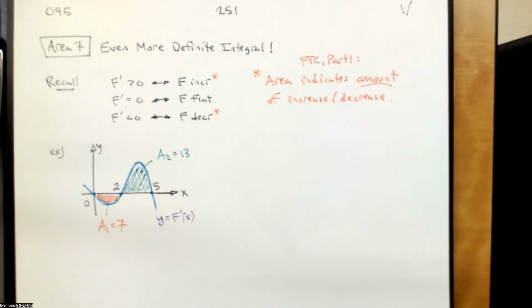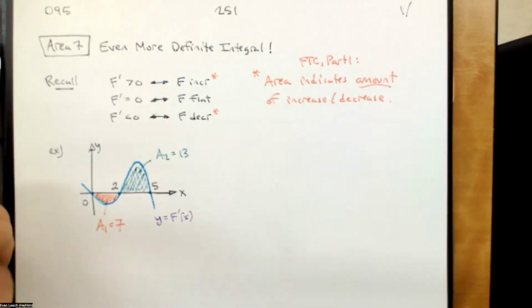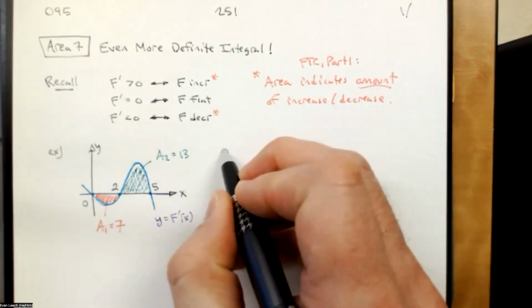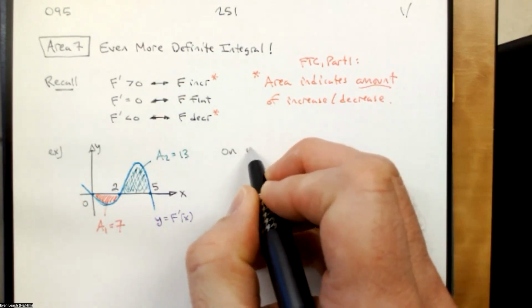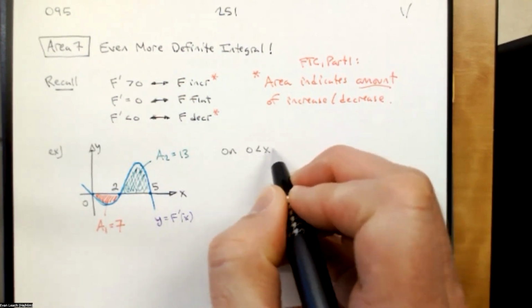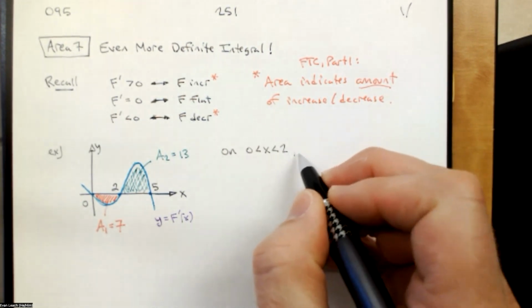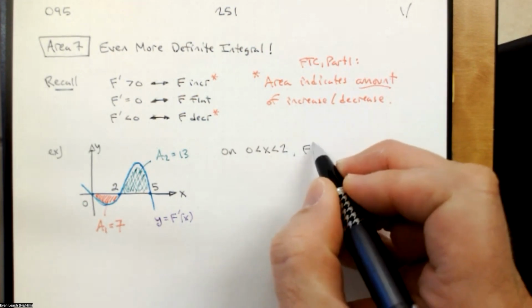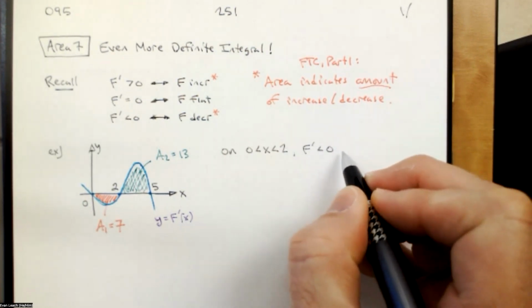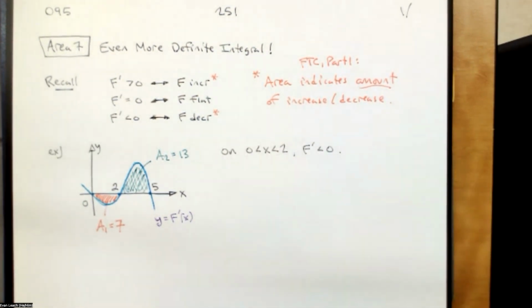Capital F prime isn't going to be negative at 0 and at 2. So let's say on the interval from 0 to 2, where x is strictly between 0 and 2, capital F prime is negative. Therefore, capital F is decreasing.